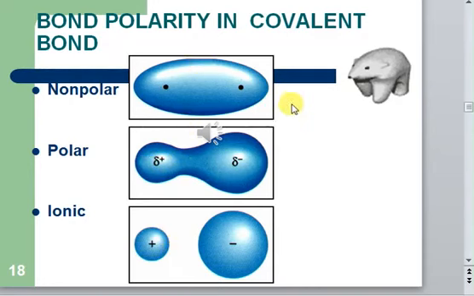In terms of a polar bond, we always say that it has some ionic character. Why can you say ionic character? Because there are partial positive and partial negative charges. So a polar covalent bond is always intermediate between a non-polar bond and an ionic bond.